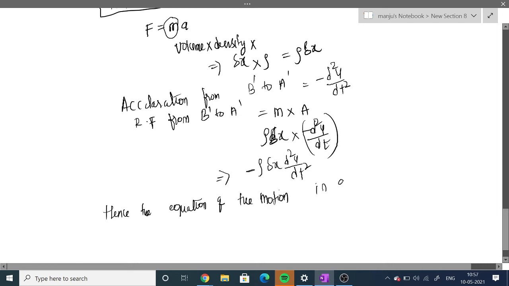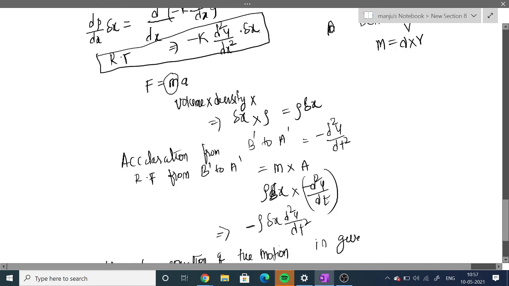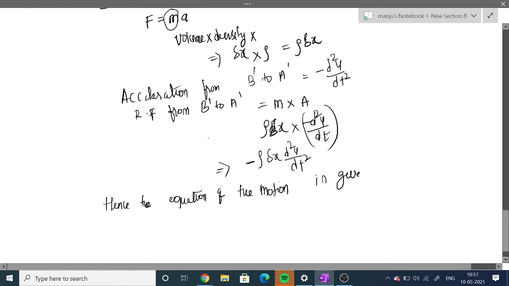For that I have to equate this restoring force with the Newton's second law force. So when I equate those two, I can write minus rho delta x d square y by dt square is equal to minus K d square y by dx square into delta x.